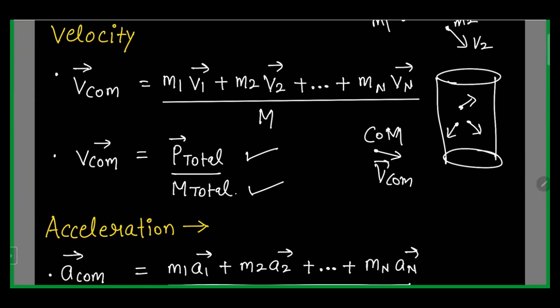If you somehow know the total momentum of the body, then you don't have to study the momentum of each individual particle. Simply take the total momentum and divide by the total mass, and whatever velocity you get will be the velocity of the center of mass of your system.